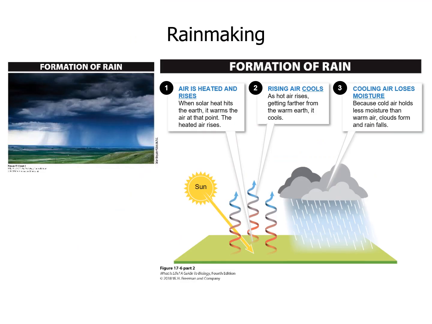Now, just as we can see why the distribution of solar energy causes temperatures to be a particular way in various spots on the earth, we can also see how rain is formed due to temperature.